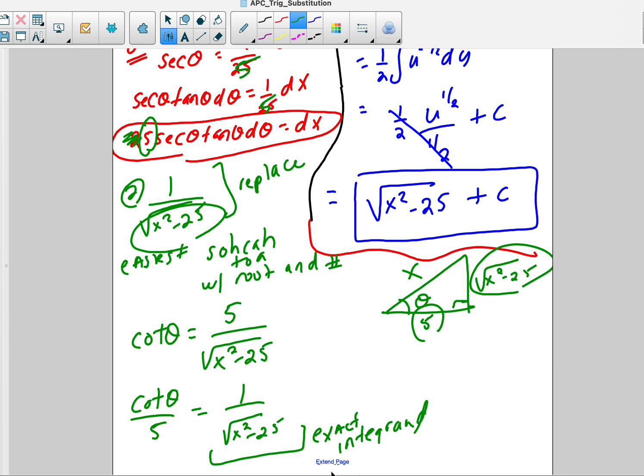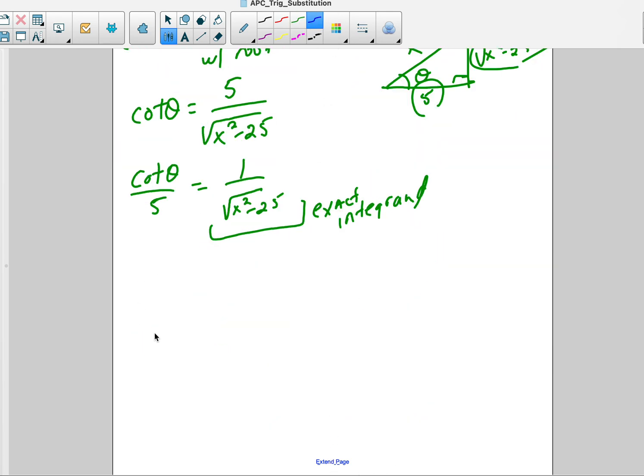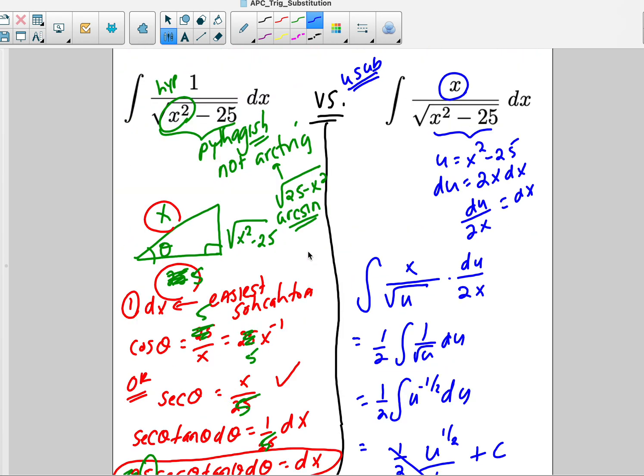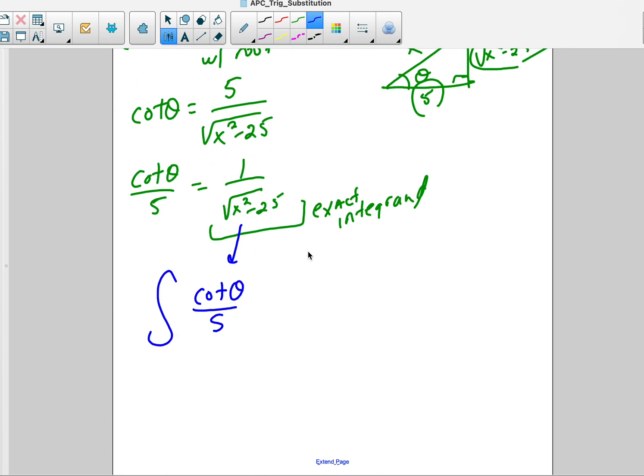So now, if we put all the pieces together, I'm going to replace this piece right here with a cotangent theta over 5. I'm going to replace the dx, if we go up to the top, with a 5 secant tangent d theta. The 5's conveniently cancel, and now I'm on some serious pre-calc action where I need to simplify my trig.